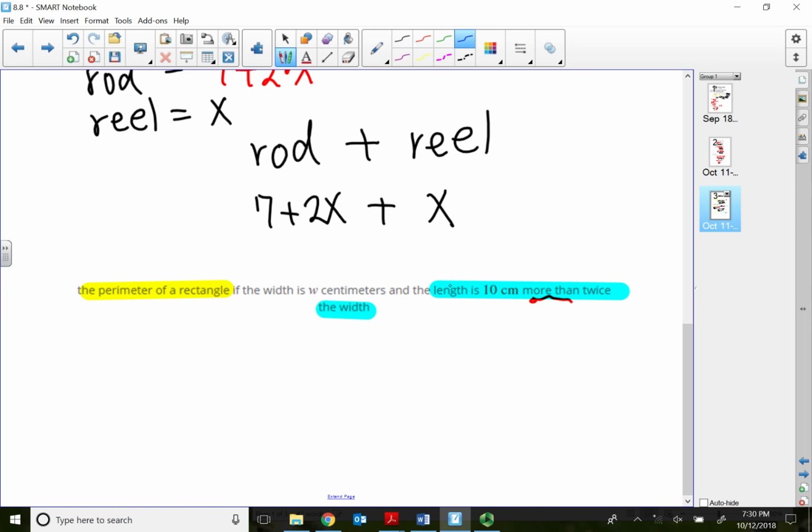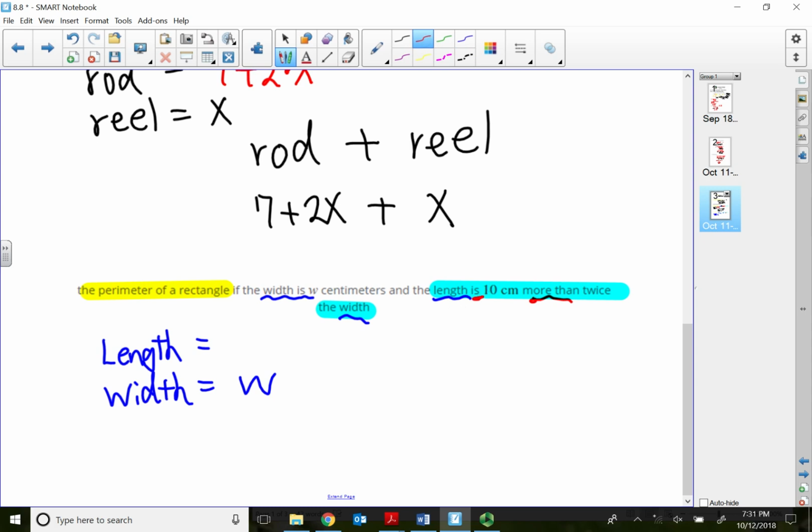So my two items that I'm trying to compare are the length and the width. Normally when we are only comparing two items, the item listed at the end of the translating sentence is always x. But I'm not going to use x here because the problem already told me to use W for the width.